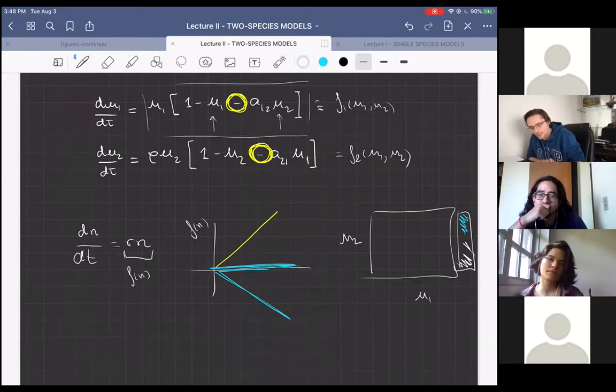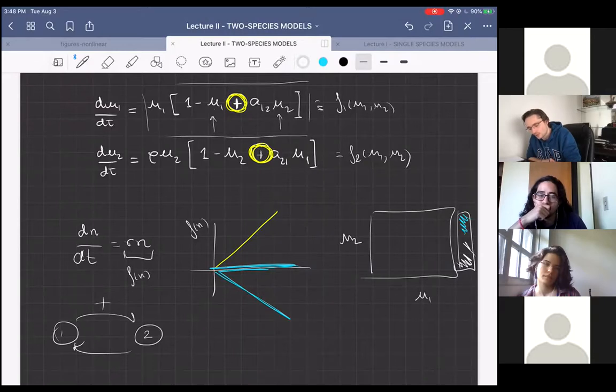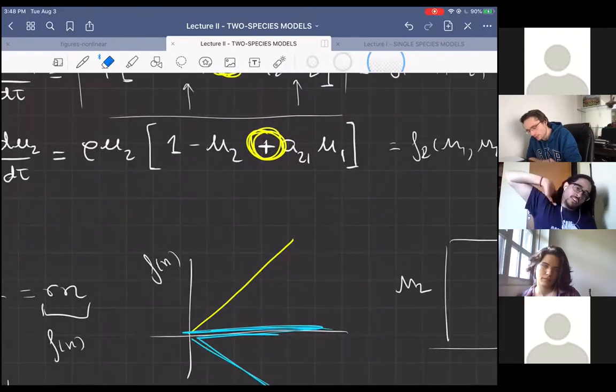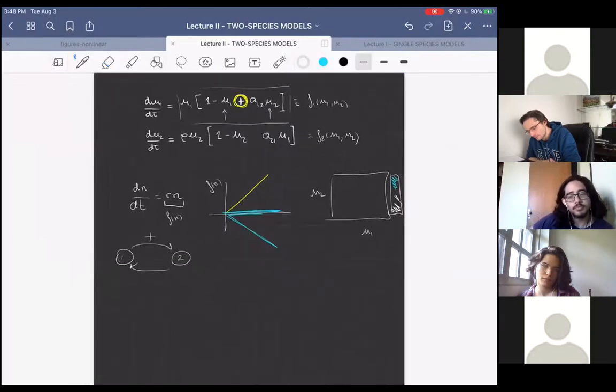So what I was saying is that if I have another type of interaction where the presence of 2 helps the growth of 1, basically the only thing I have to do is to change my signs here, right? Or if I have a prey-predator interaction, I only change one of them.